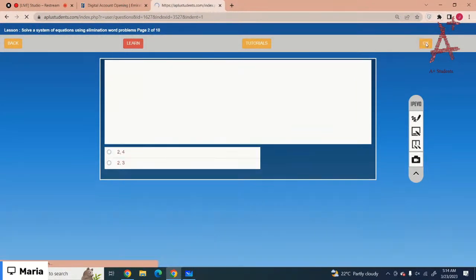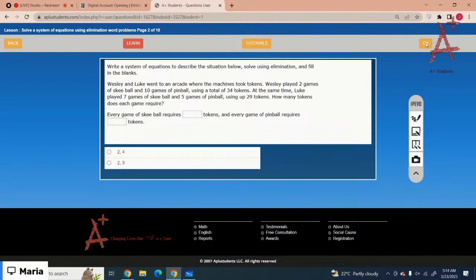Okay, let's just move on to the next example. Wesley and Luke went to an arcade where the machines took tokens. Wesley played 2 games of skee ball and 10 games of pinball using a total of 34 tokens.